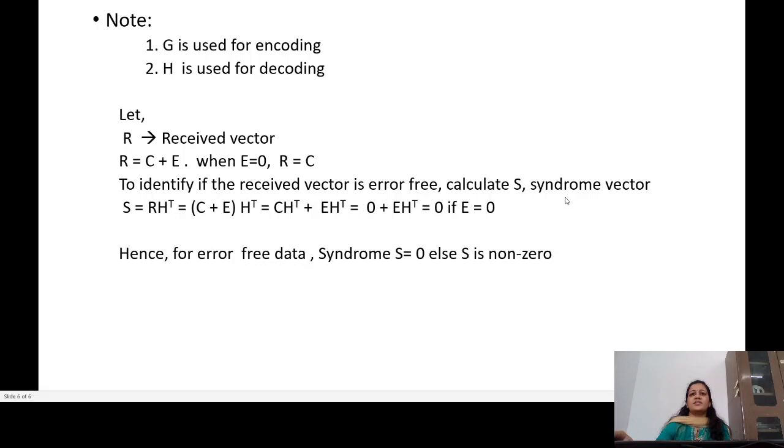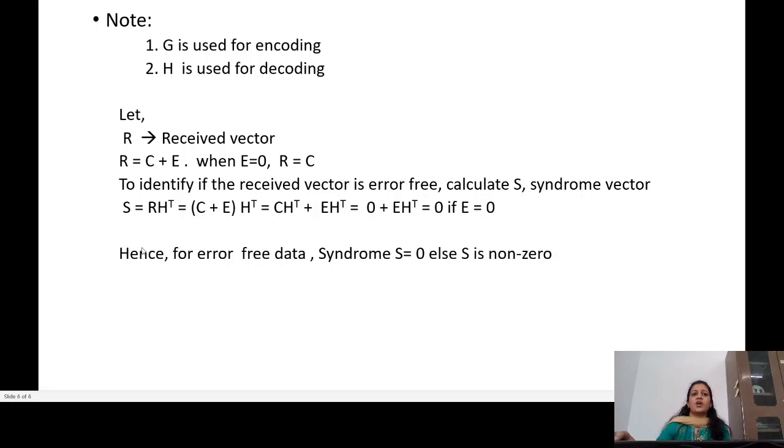Therefore, at the receiving end, what we have to do is multiply R with H transpose and check whether this particular multiplication will give you 0 or a non-zero value. If you get syndrome to be 0, then the received code vector is the same as the transmitted code vector.